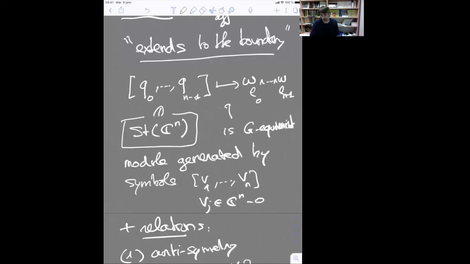So may I ask a question, please? Yeah, of course. This is really intriguing. So this relationship between modular symbols and relative cohomology of configuration spaces or complements of hyperplanes, how explicit is it?